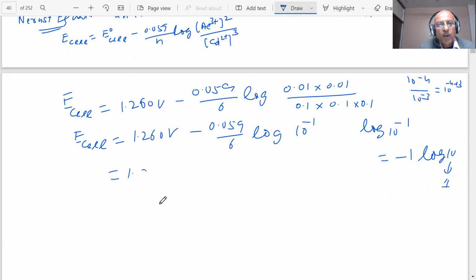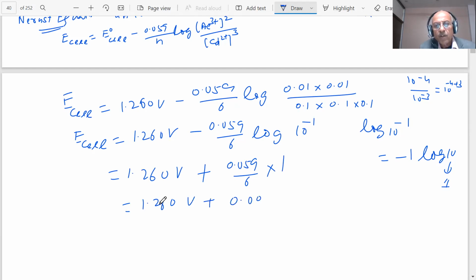So it becomes 1.260 volt, and minus minus becomes plus 0.059 by 6 into 1. If you calculate this value, it comes to 1.260 volt plus around 0.009 volt. Add the two: 1.269 volt. So that is the value of the E cell.